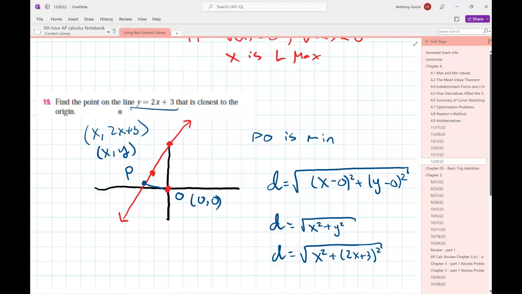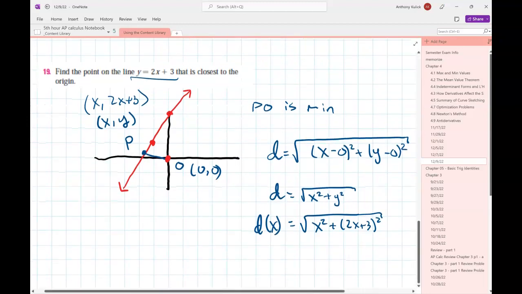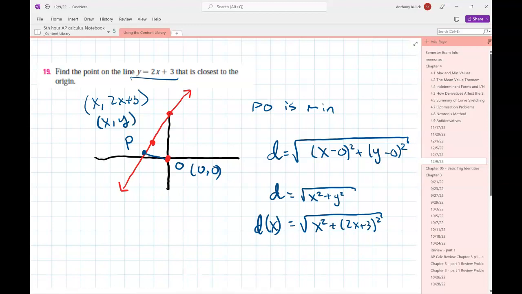Everybody happy there? And now I could call this a function in terms of x, right? This is a d of x. And what's my domain for this function? Yeah, very good. No matter what x I plug in, a distance is going to come out of it.